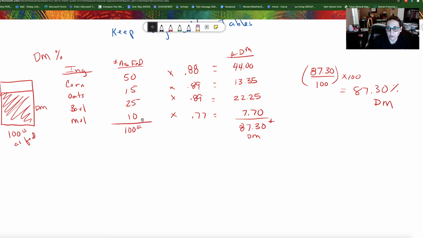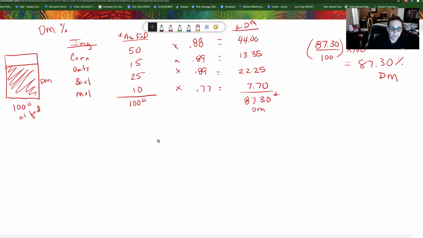I'm going to scroll up just a little bit, and let's work on the crude protein percent next. And that's going to be as a percent of dry matter. So now we're going to take our same list of ingredients, corn, oats, barley, and molasses, and now we want our protein on a percent dry matter basis.